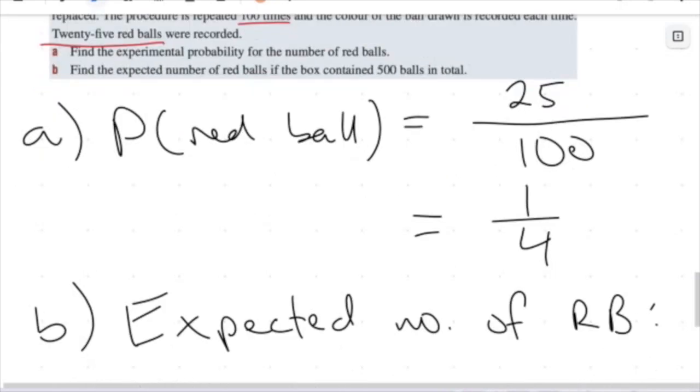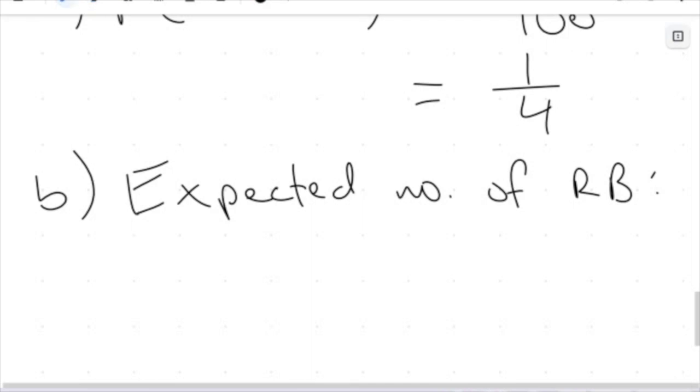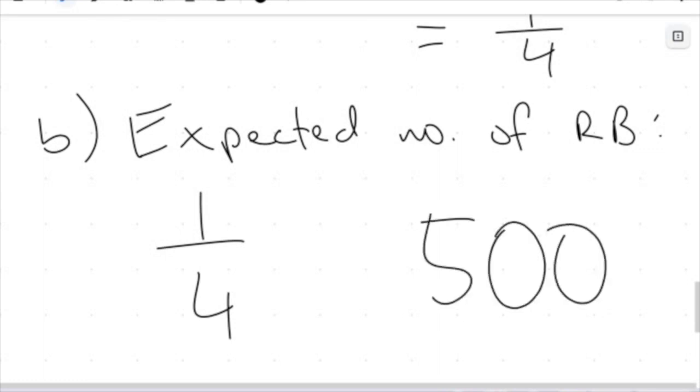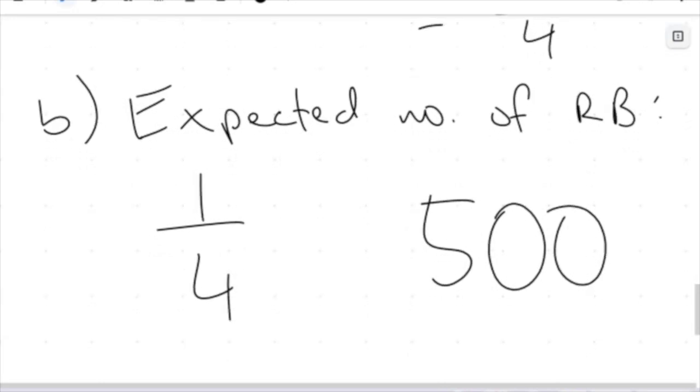So what we do here is now we are changing the amount we have. So we got our probability of red balls, which was 1/4, and we're applying this now to an even bigger number, going from 100 up to 500. Now, all we're doing here, we're taking our probability, what we observed, and we are just finding, well, then what is going to be 1/4 of 500?